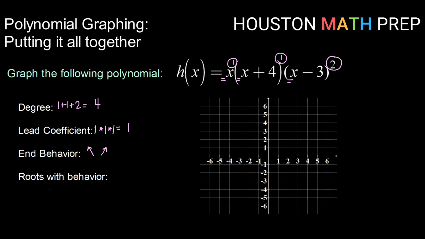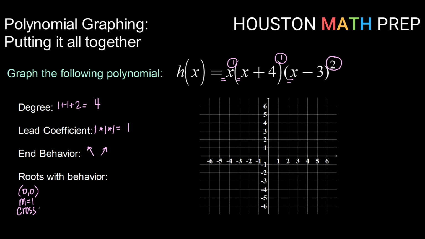Gathering each piece of my root with my behavior, taking each factor and setting it equal to 0, I first get a root at (0, 0) from my x. It has a multiplicity of 1, which is our highest power there. So I know that that one is going to cross through the x-axis.